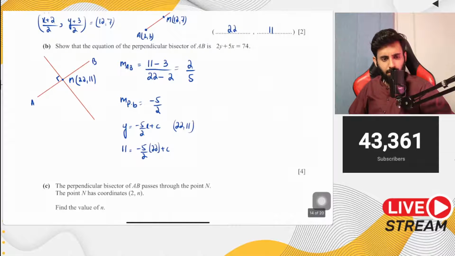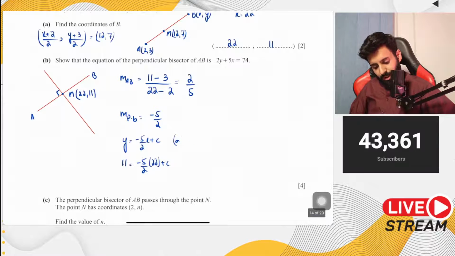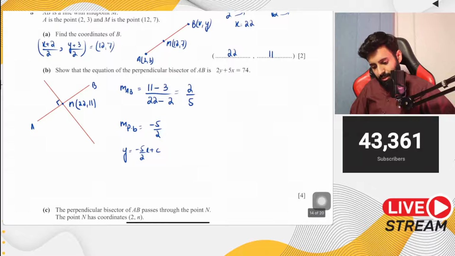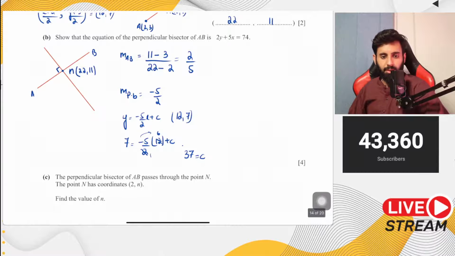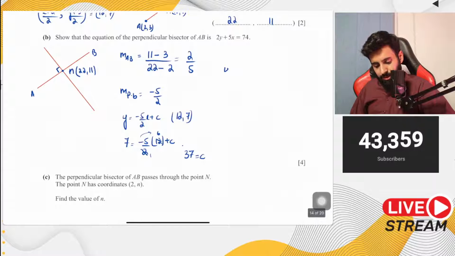Wait a minute, am I using the wrong points? I am using the coordinates of B, whereas I'm supposed to use the coordinates of M. So 7 equals minus 5 upon 2 into 12 plus c. Half of 12 is 6, so minus 5 into 6 is minus 30, 30 plus 7 is 37, so c equals 37. And now we have the equation y equals minus 5 upon 2 x plus 37.